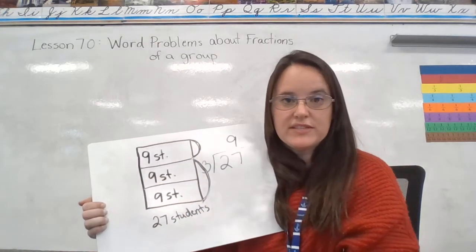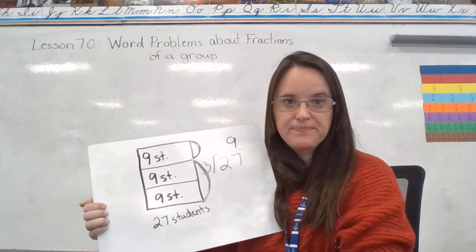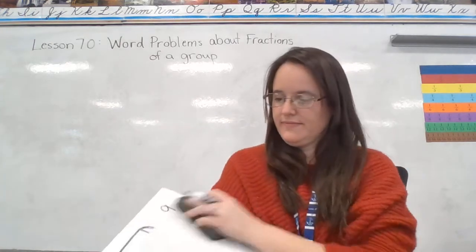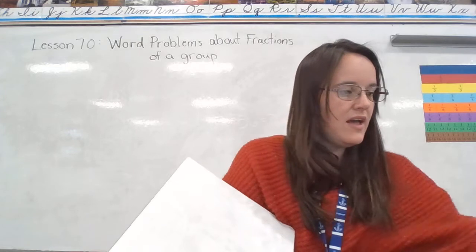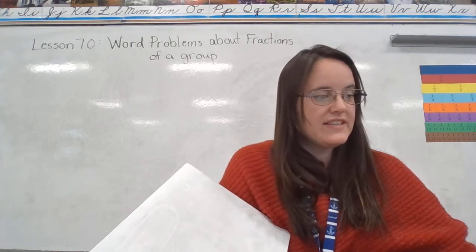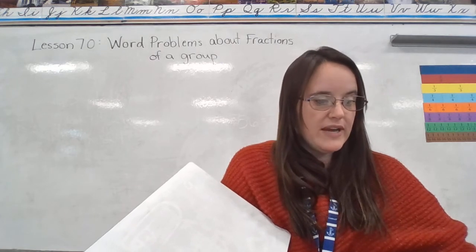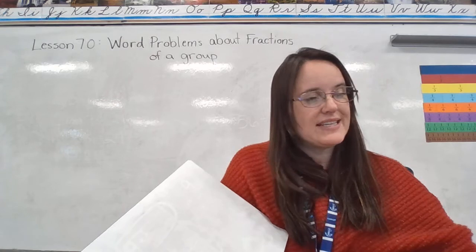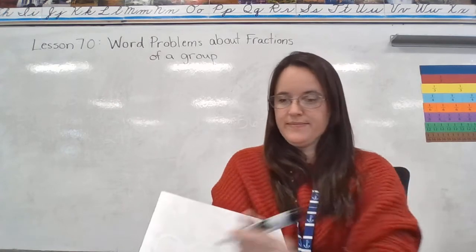So how many students bought lunch in the cafeteria? 9 students. Our next problem says 1/4 of the team's 32 points were scored by Ty. How many points did Ty score?